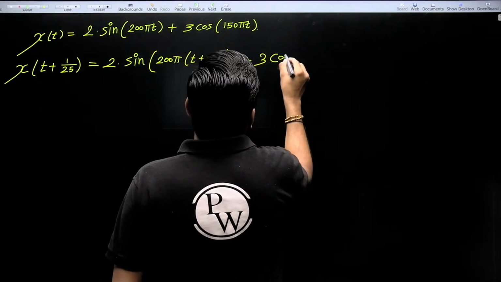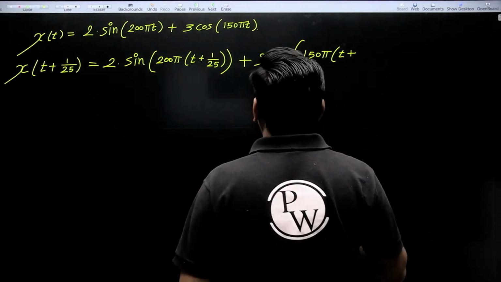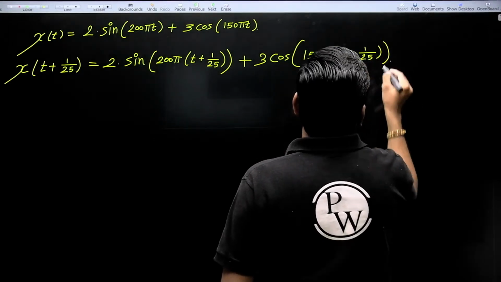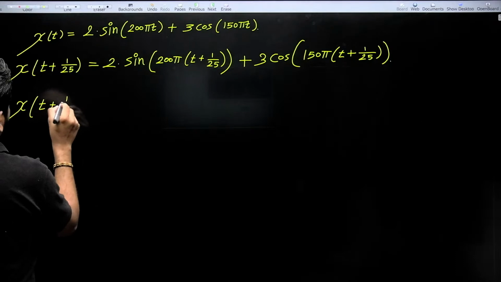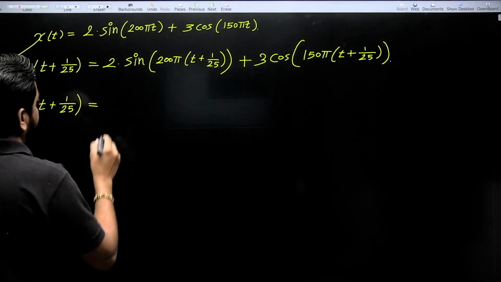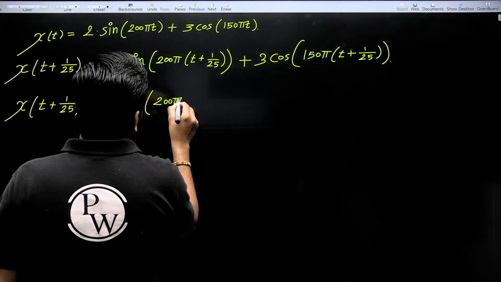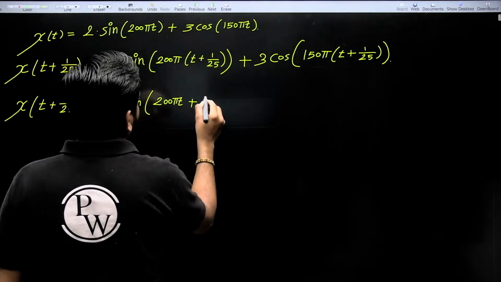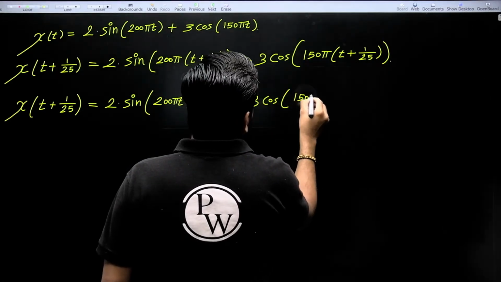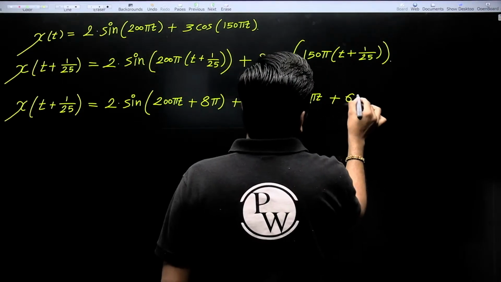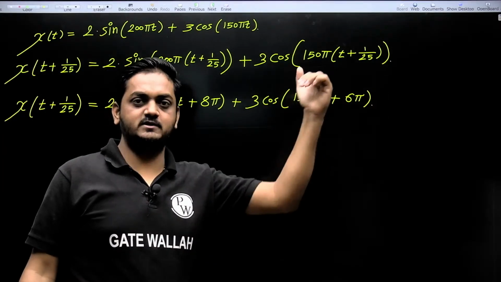So x of t plus 1 upon 25 is equal to 2 sin of 200 pi t plus 8 pi, plus t cos of 150 pi t plus 6 pi, yes or no. Now see here, sin of 8 pi plus theta, that is the first quadrant, so sin theta.